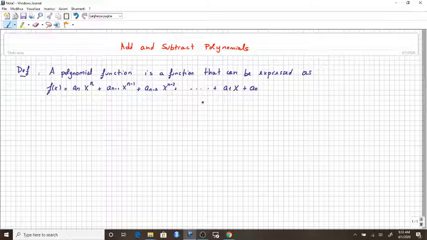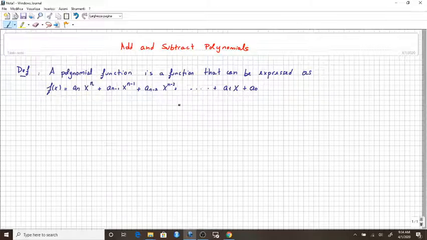So anytime we solve a linear equation, for example, we are solving a polynomial equation of degree 1, and anytime we solve a quadratic equation, we are dealing with a polynomial expression of degree 2. This is more a general definition of a polynomial, where the degree can be any whole number, so not necessarily 1 or 2, but it can be 3, 4, and so on.